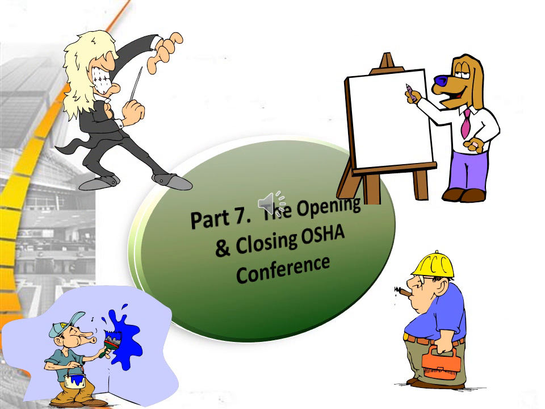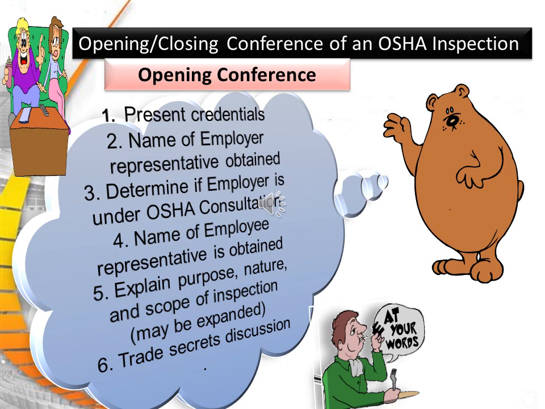Part 7, the opening and closing OSHA conference. At an opening conference, the OSHA compliance officer will present his or her credentials and give the name of the employer representative.